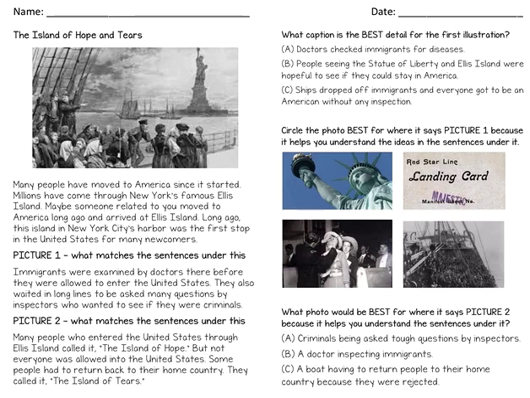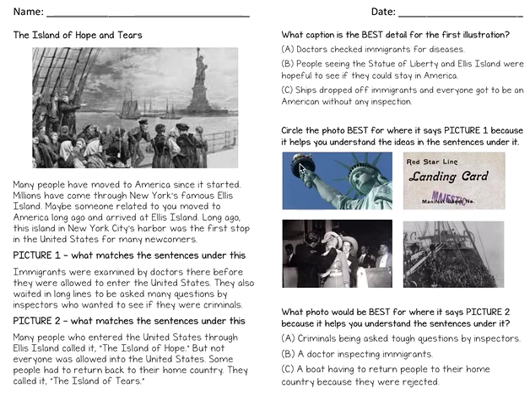So, on the right, it says circle the photo best for where it says picture 1 because it helps you understand the ideas in the sentences under it. So, for these details, that immigrants were examined by doctors and were asked questions by inspectors.